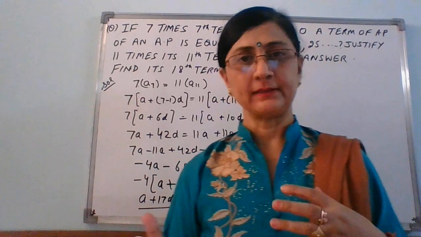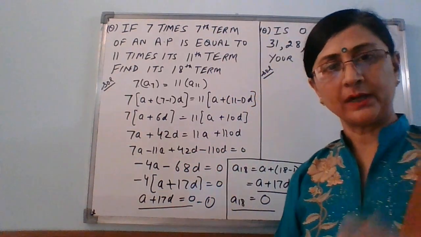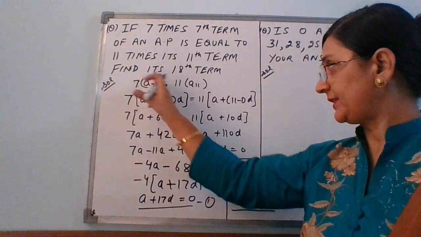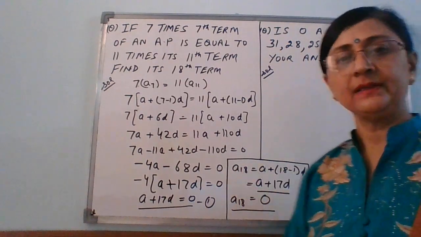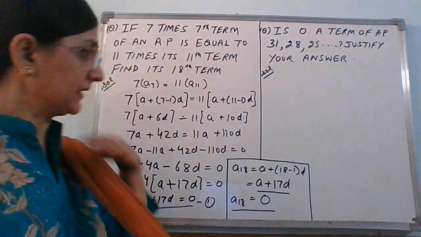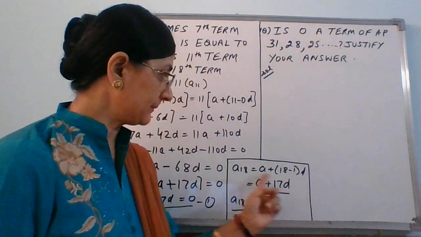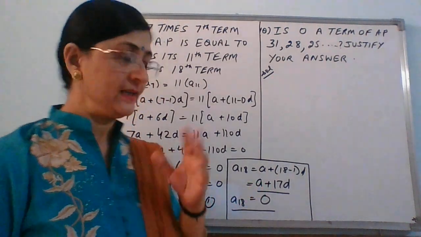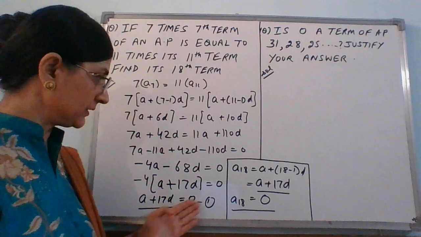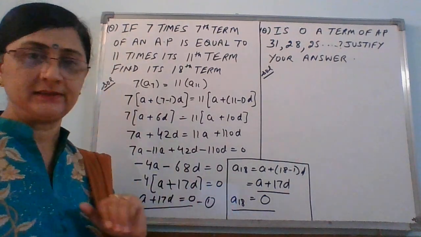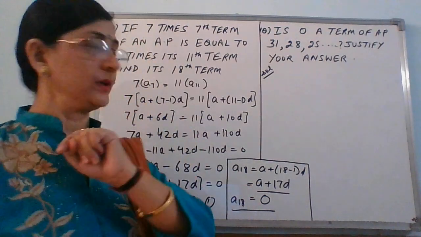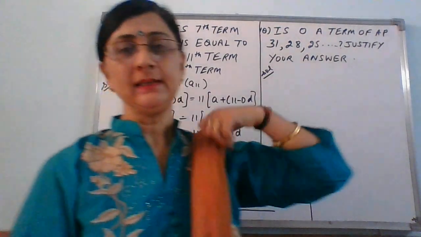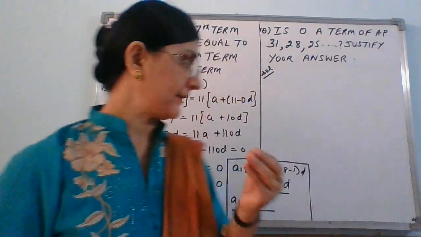There has to be another equation, so this equation must be used somewhere. Let us see the 18th term, which you were supposed to find. How do we write the 18th term? We checked and that same a plus 17d came. So we already have the answer: a plus 17d is 0. So the 18th term of this AP will be 0.